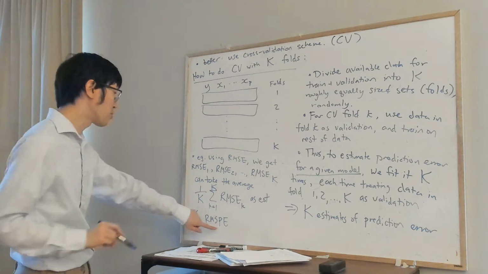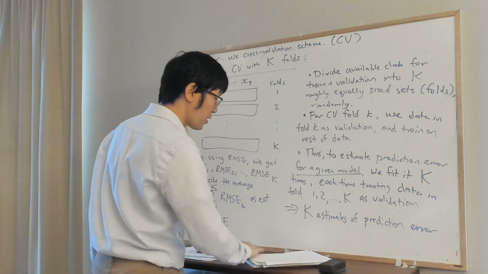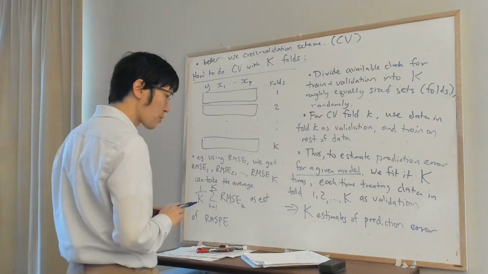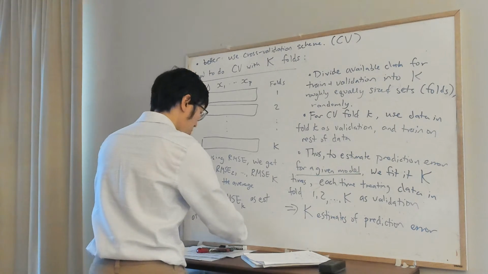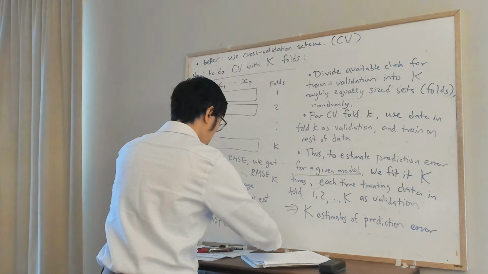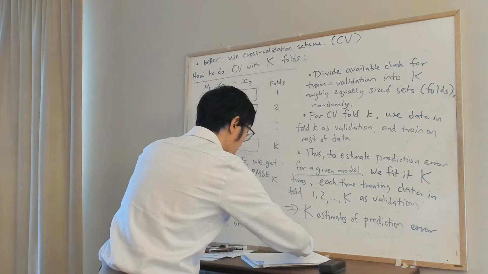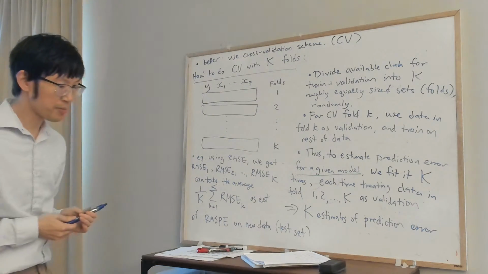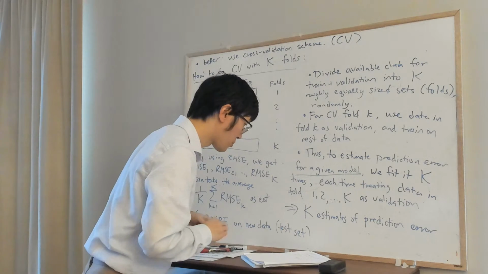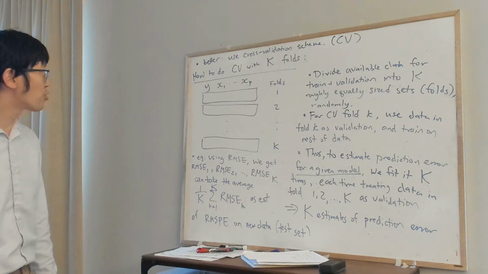I'll put the p here as the estimate of that if we were to then apply the model on new data. Remember that is the test set. Okay, so that's the basic idea of cross-validation. Pretty intuitive.